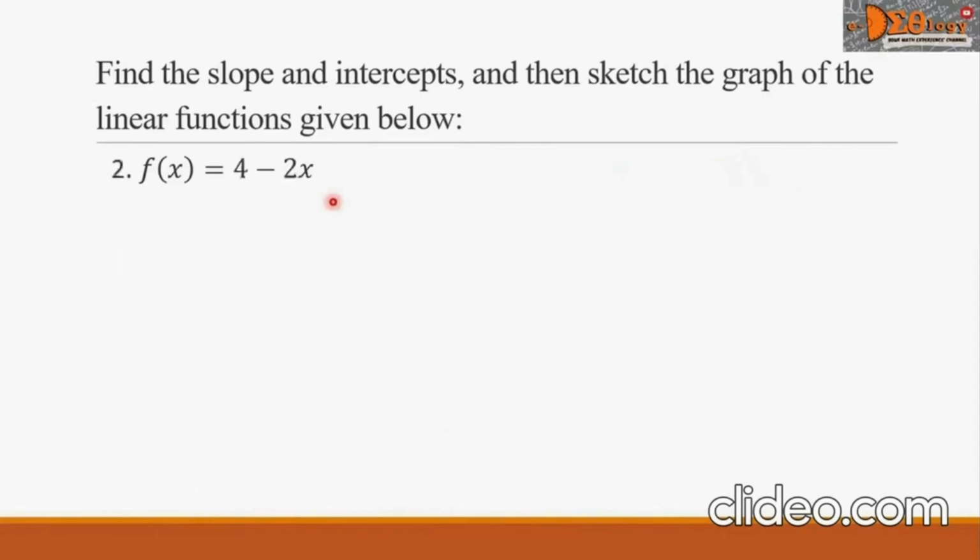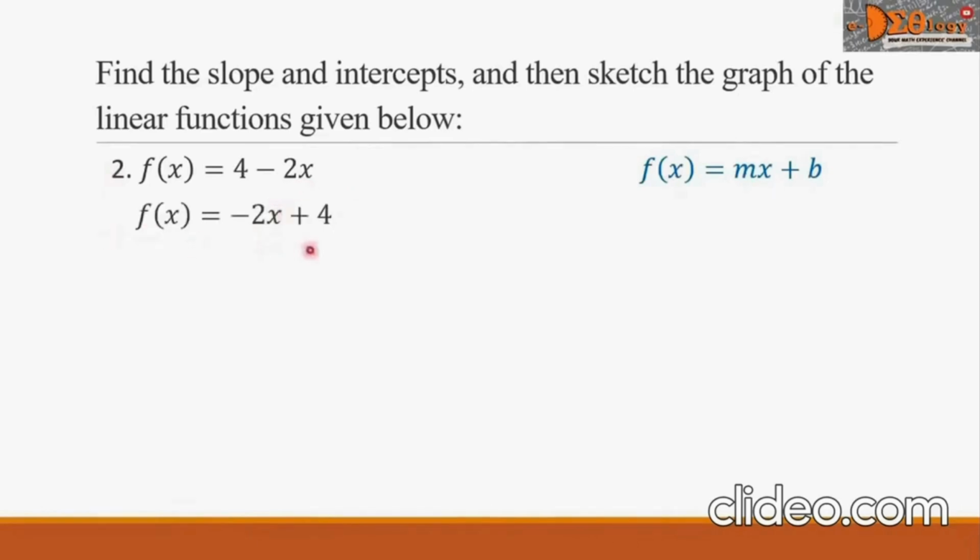Let us have example 2. Let us find the slope and intercepts and sketch the graph of f of x equals 4 minus 2x. The general form of linear functions is written here. For our convenience, we may rewrite this problem in such a way that the negative 2x comes first.